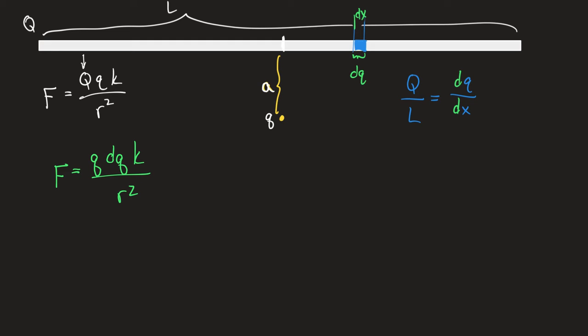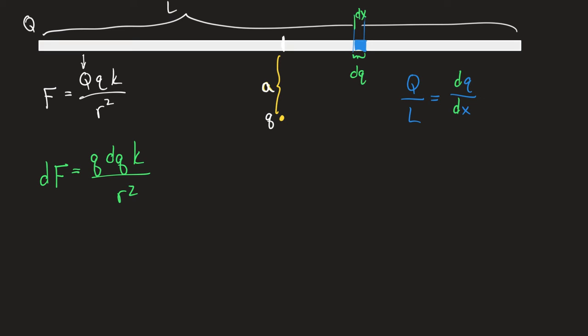But I'm treating that piece as if it's a point charge. Now, this part's important. This will not be the entire force. This is just going to be one part of the force. So in order for this expression to be more correct, I should definitely say to the world who's watching, this isn't the whole force. This is one part of the total force on the bar.